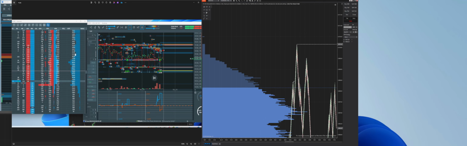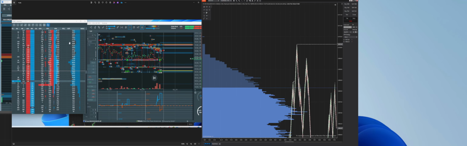Not only that, because I trade on Bookmap, when I enter my trades, I can see it right here. Now, the volume profile buy will tell you how many buyers are at that level, and the volume profile sell tells you how many sellers. The most important thing is the VPD, the volume profile delta. It's the difference between the buyers and sellers.